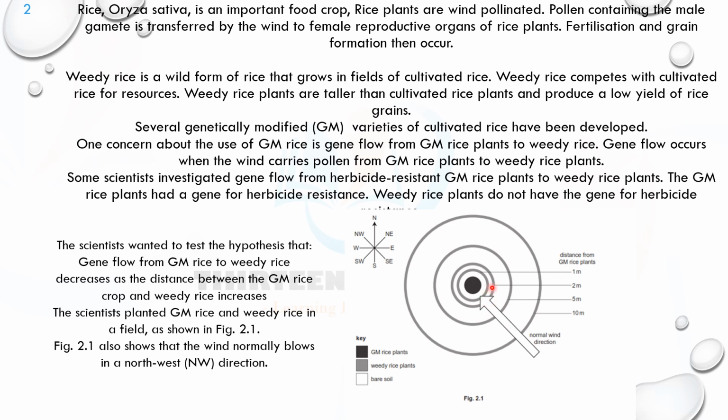So we are varying the distance of the weedy rice from the GM. So we are trying to prove that increasing distance decreases gene flow. Remember that we're expecting the gene for herbicide resistance to move from GM to weedy rice.